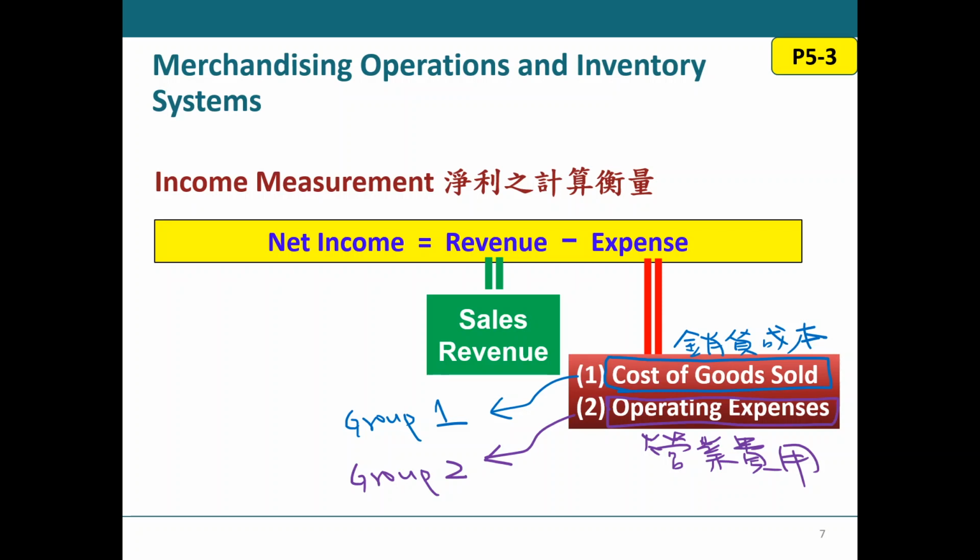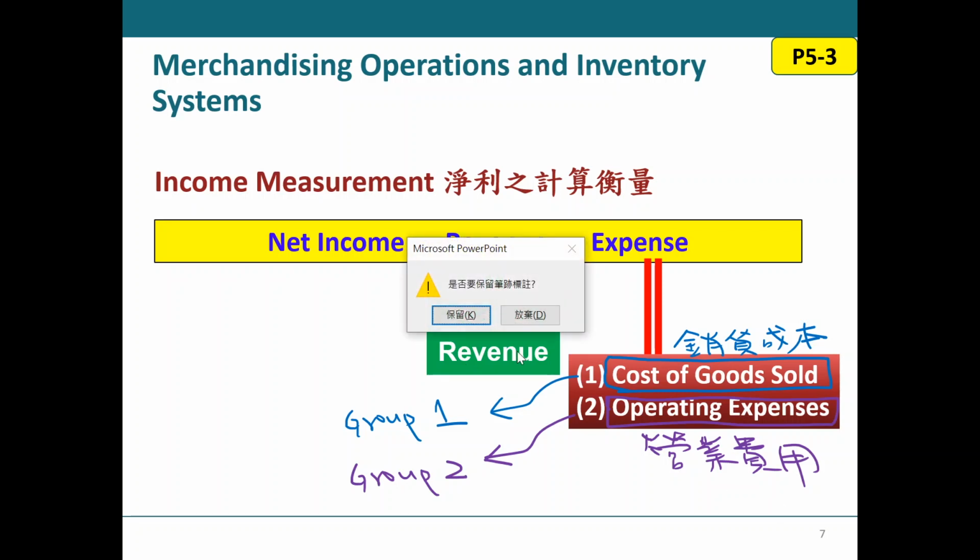Okay, so later on I will explain what it means for each group. Later we will spend much time on these two groups. What does it mean for each one? Any questions? If you don't have any questions, then we stop here. Okay, take a break. Before we take a break, wait a moment.